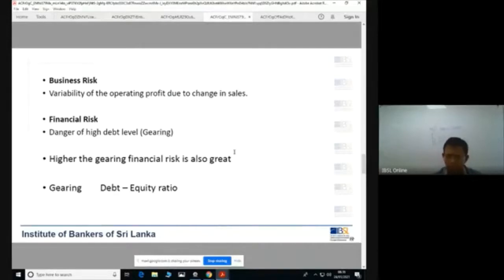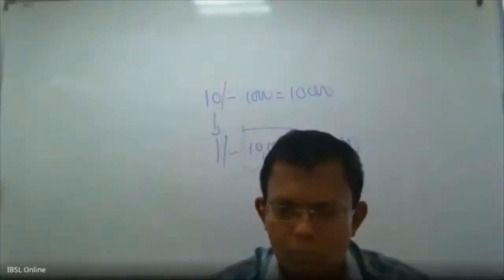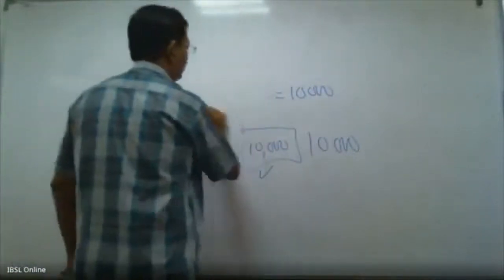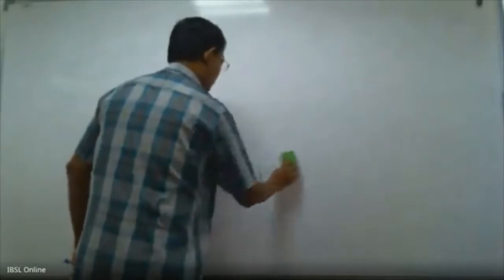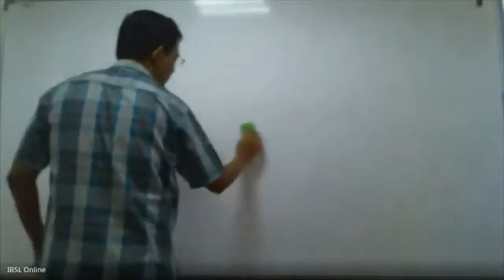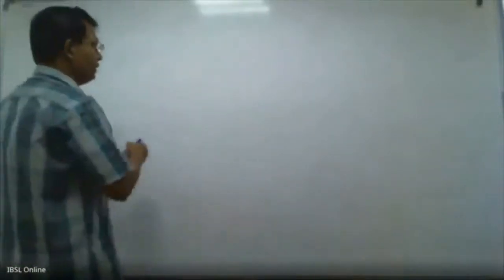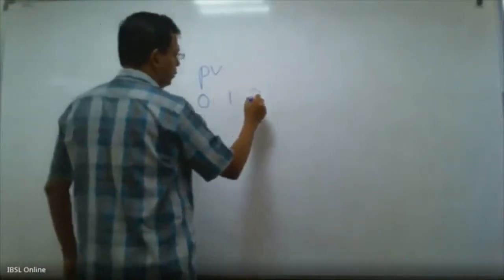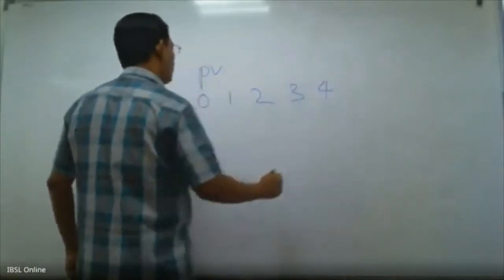Same thing, remember the calculation of present value, we have done this, right? In the bond calculation. Remember, when we did the bonds, we calculated the present value, and we had year 0, periods 1, 2, 3, 4.